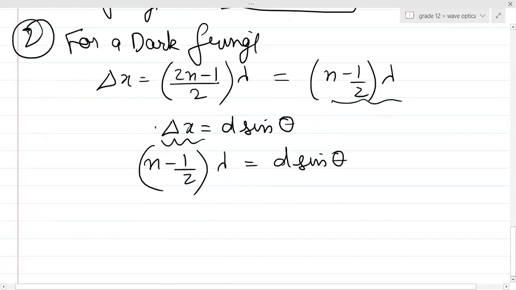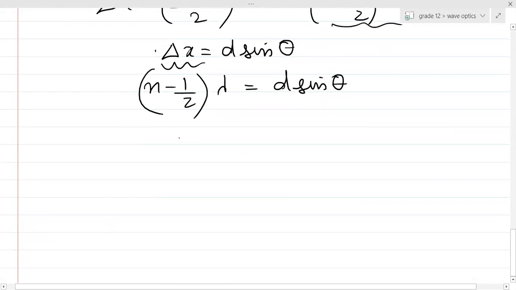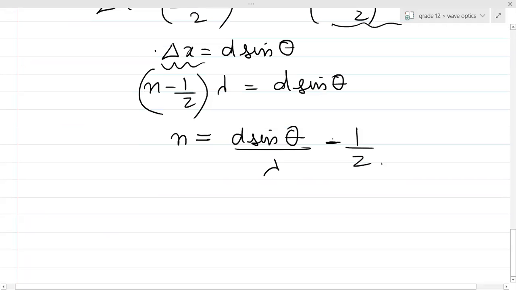I'll do it exactly the same, just like the previous case. So can I say n is equal to d sine theta upon lambda minus 1 by 2? Oh, sorry, plus 1 by 2. Can I say this? है ना?